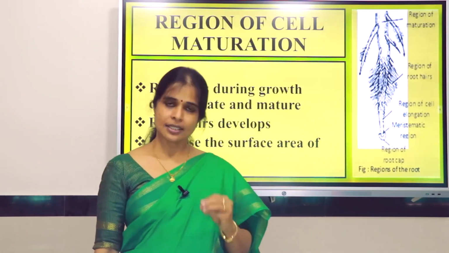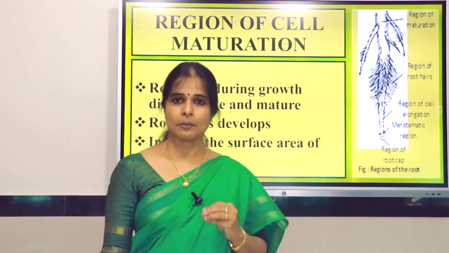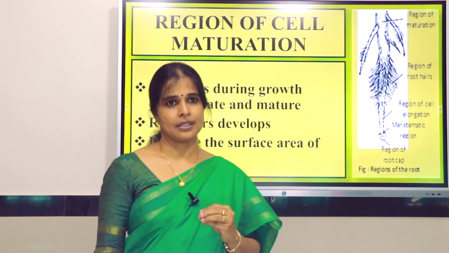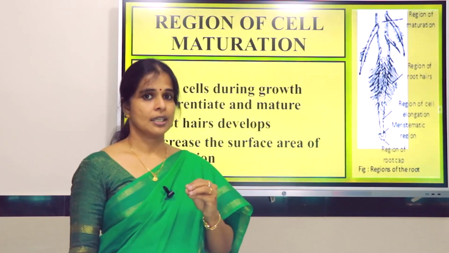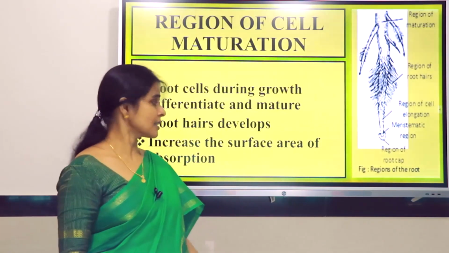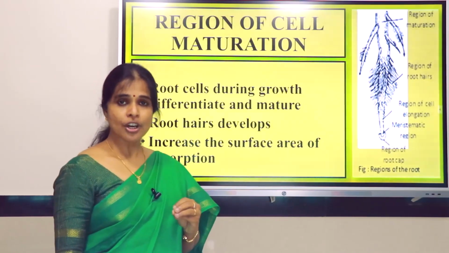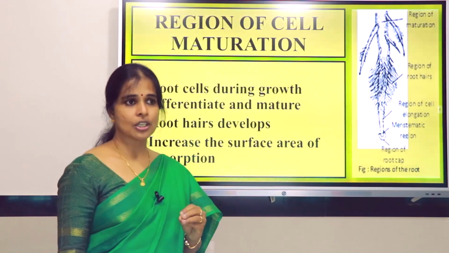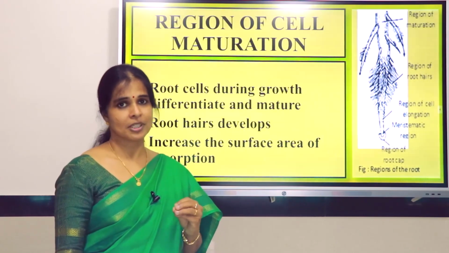Once the root hair is developing, what is the purpose of root hair? It should have certain purposes, because in a root, the root hairs are the part which help to increase the surface area for absorption. The main function of the root is absorption of water, minerals, etc. from the soil.